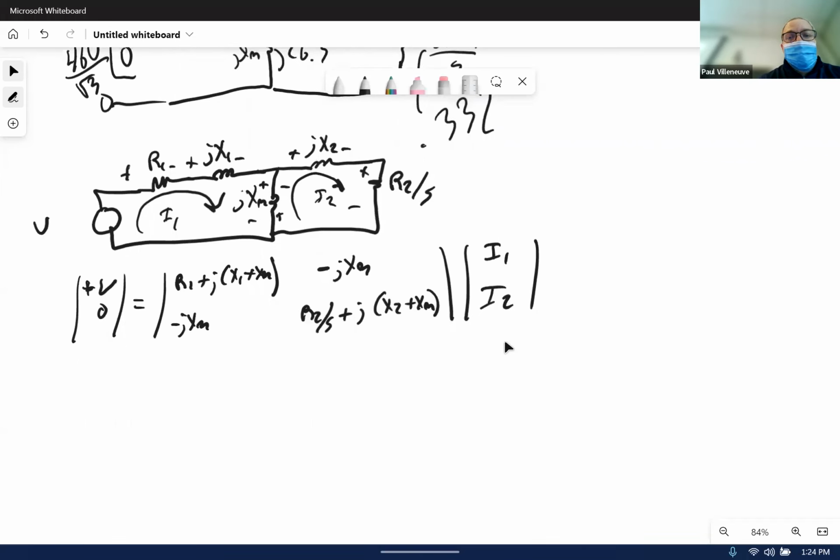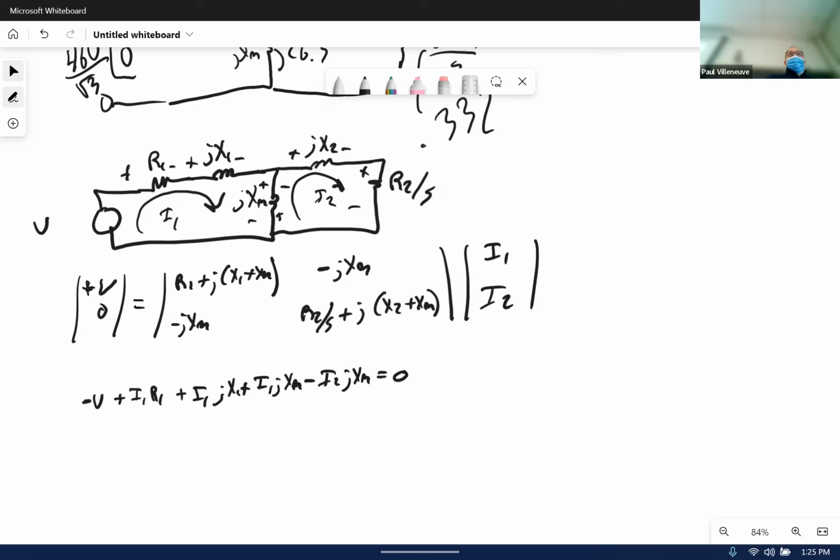Now we're going to do our equations. The sum of voltage drops is equal to 0: negative V plus I1 R1 plus I1 jX1 plus I1 jXM minus I2 jXM equals 0.